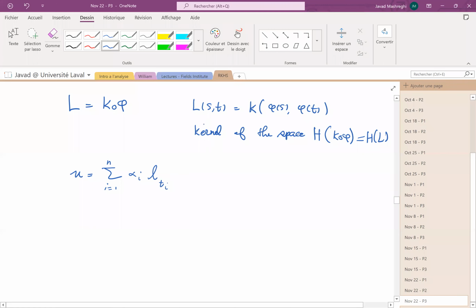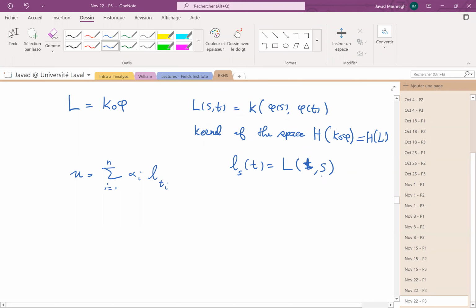Recall that when you have capital L, little l at point S, at point T, is L of T and S. That's the convention we had before.